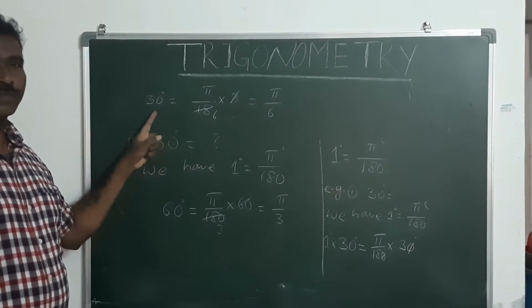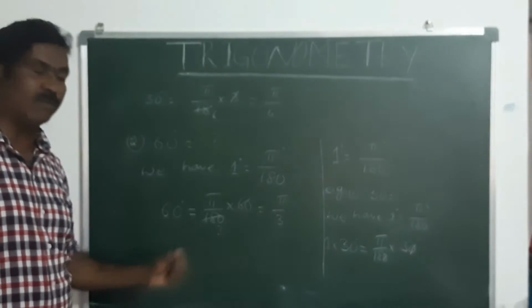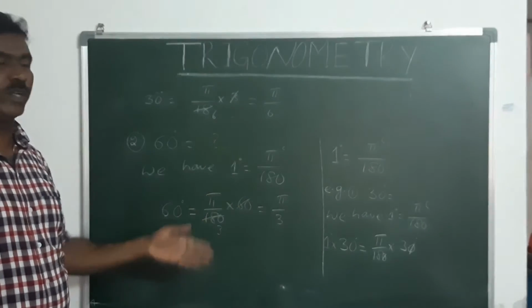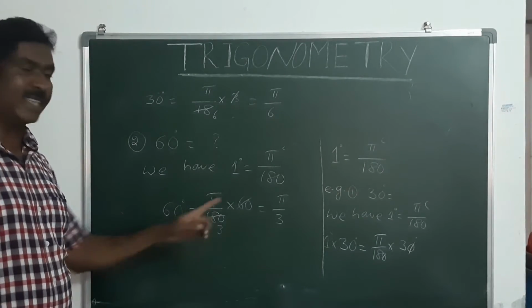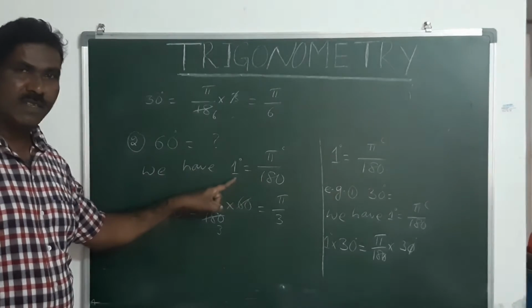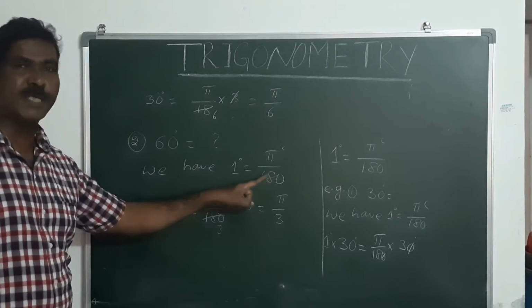Like this, we can write the degree measurement in terms of radian measurement. You can take it for anything: 90, 45, and so on. Whatever number of degrees you require, the base here is degrees to radians. This is the principle for us.